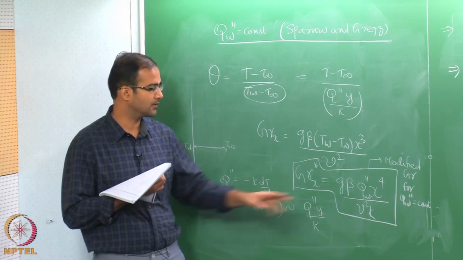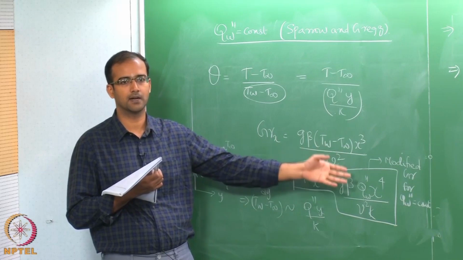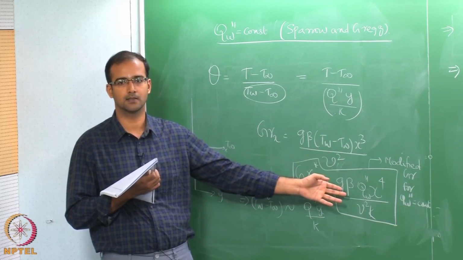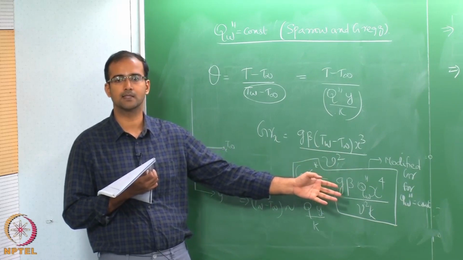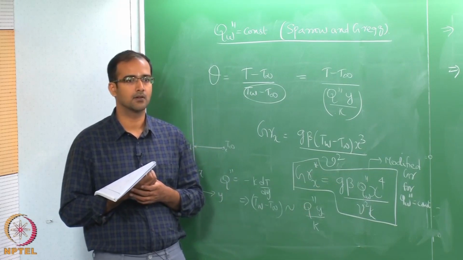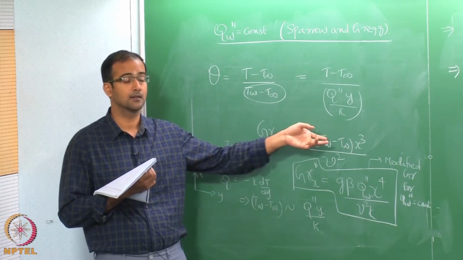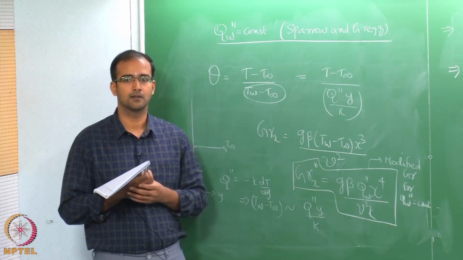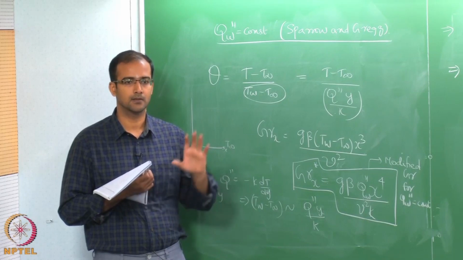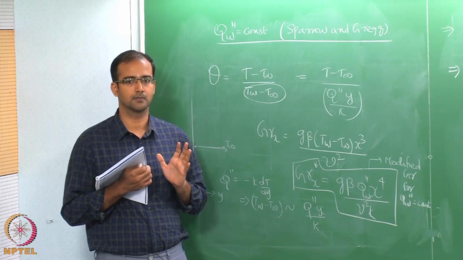So, therefore, this is a definition. There is nothing wrong in defining a Grashof number the way you want it, provided it is dimensionally consistent. So, this might not be an exact transformation of your conventional Grashof number, but you get a non-dimensional group.